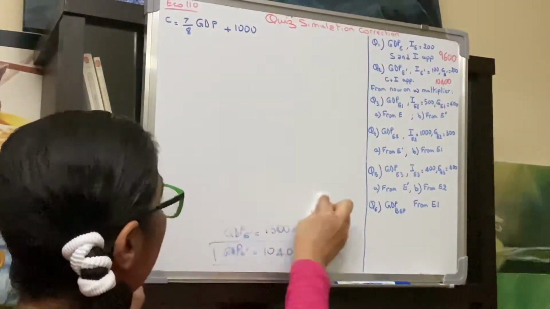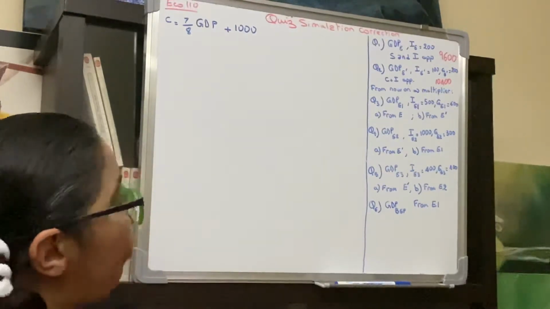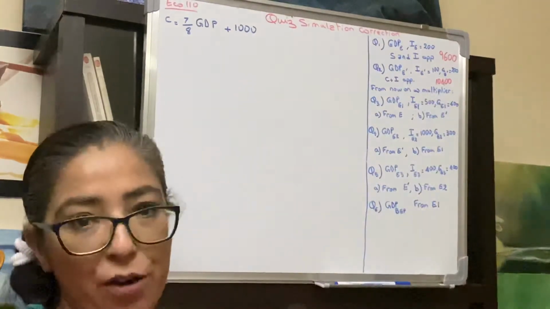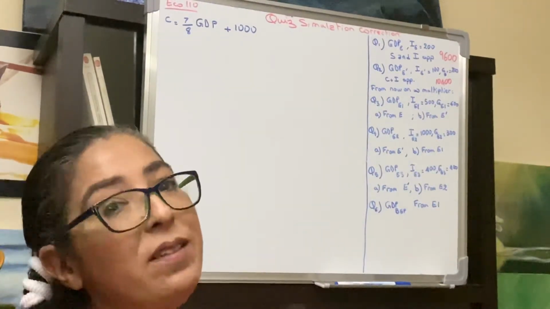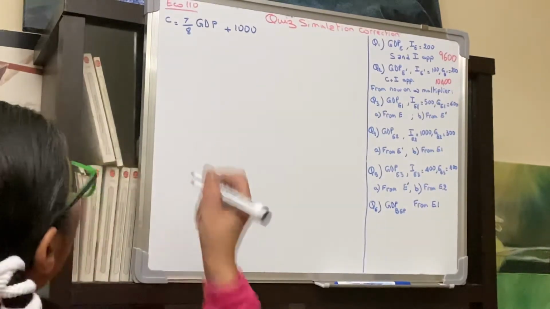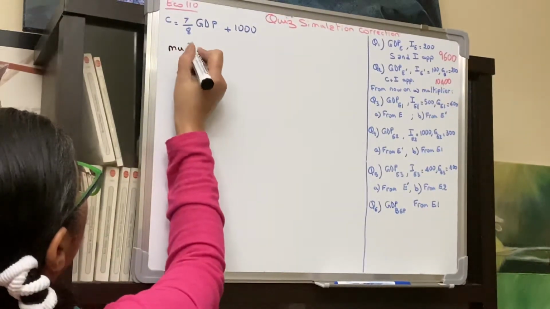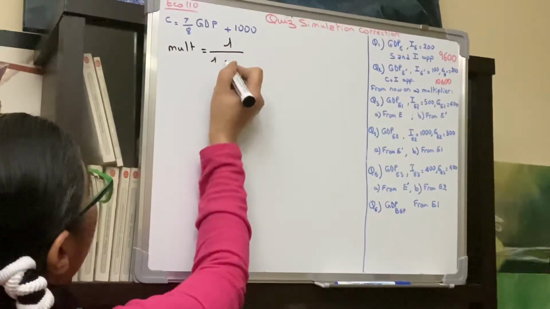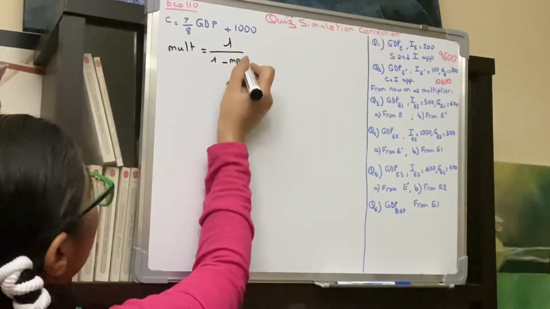Okay. They told me that from now on, I have to use the multiplier. So the first thing I'm going to do is calculate the multiplier. So multiplier is equal to 1/(1 minus MPC).